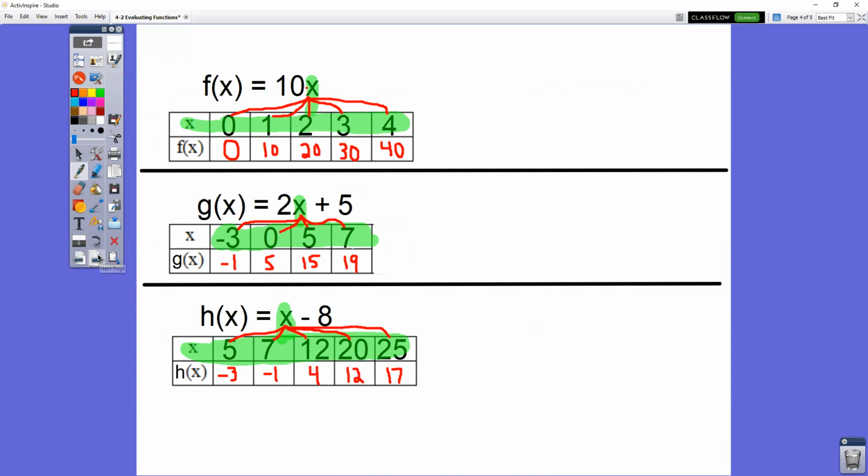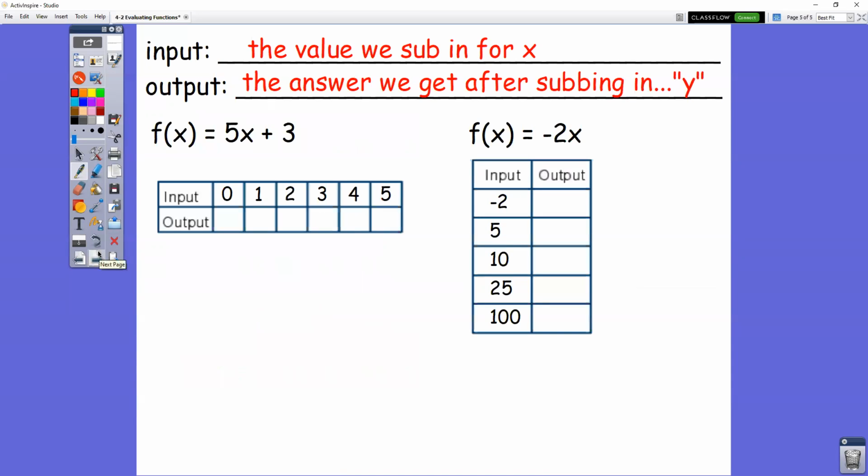Now, there's one more thing that I want to show you. Sometimes these questions are called input and output tables. Sometimes on the state test or on your Regents exam next year, you might see these written as input and output instead of x and f of x, or input and output instead of x and y.